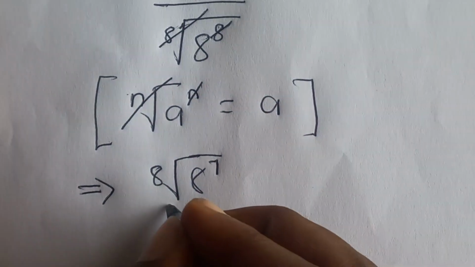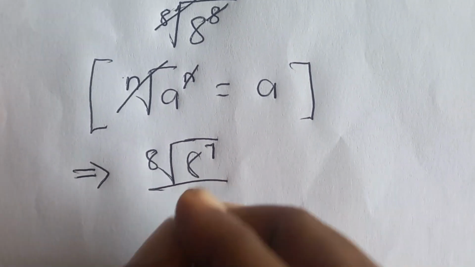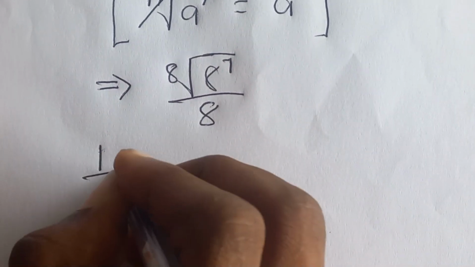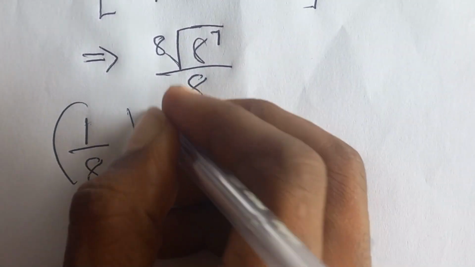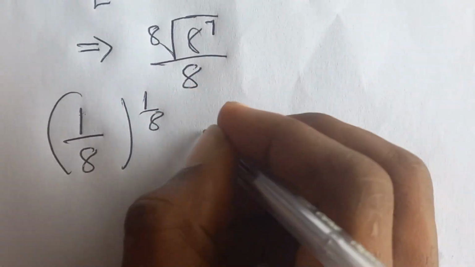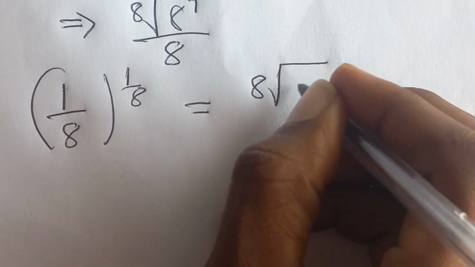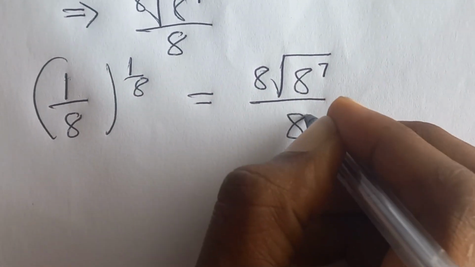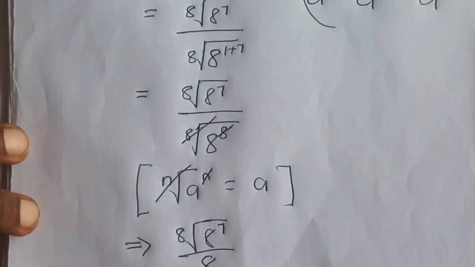So this one will cancel this, so it will become over 8. So our expression (1/8)^(1/8) is equal to the 8th root of 8^7 over 8. So this is our final answer for this expression.